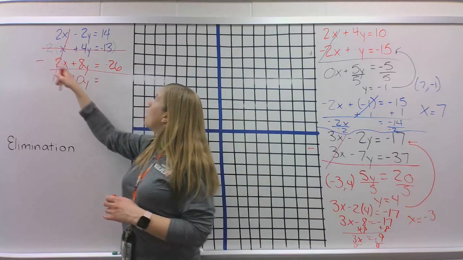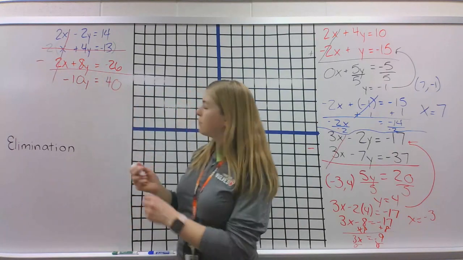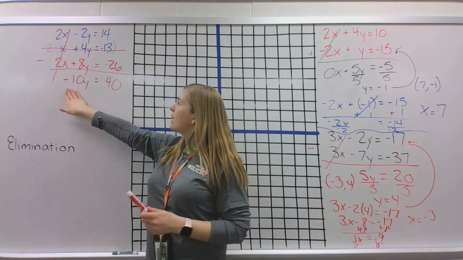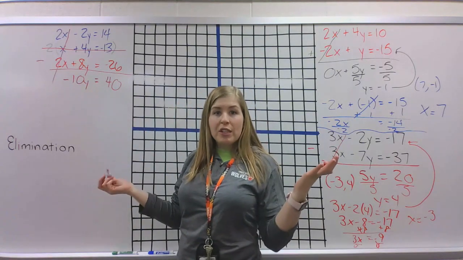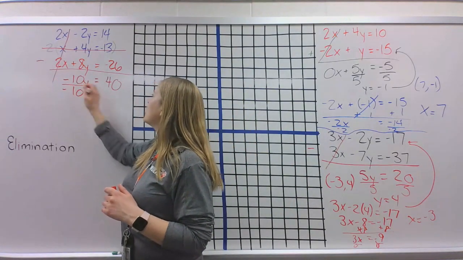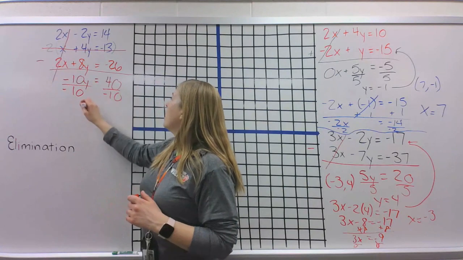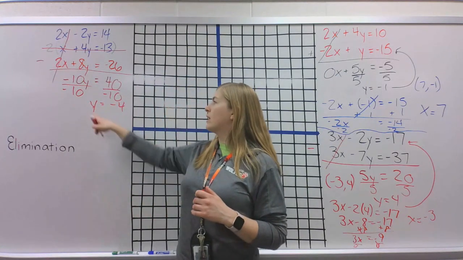So 14 plus 26 is going to give us 40. All right, so we have negative 10y equals 40. And we know we do the inverse operation to get y by itself. So we're going to divide, since that's multiplication. And y equals negative 4. Awesome. Y equals negative 4.